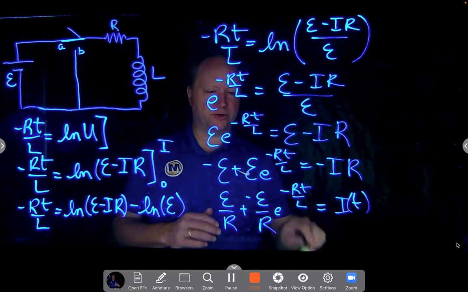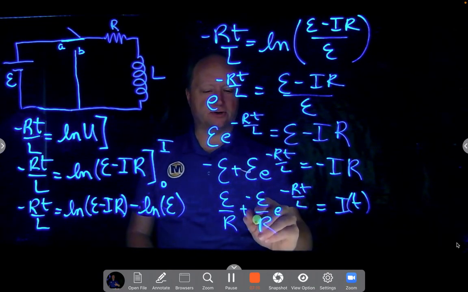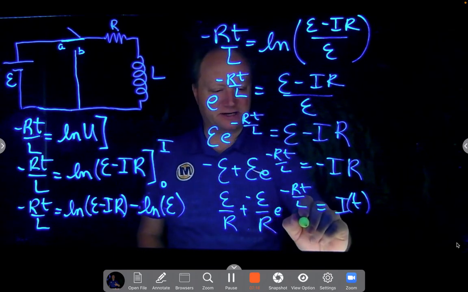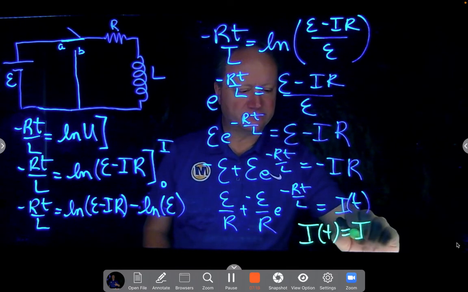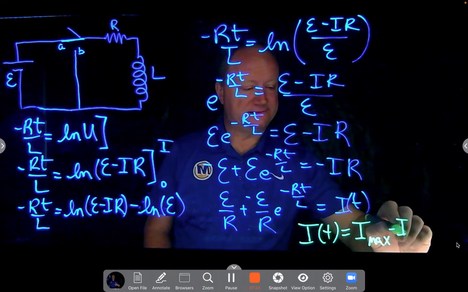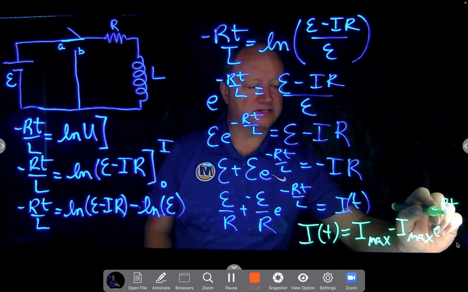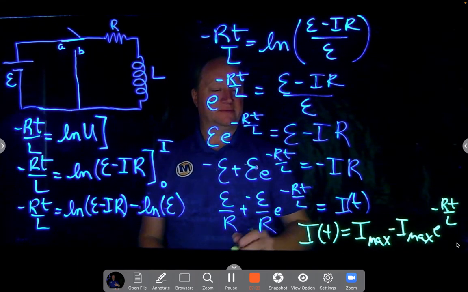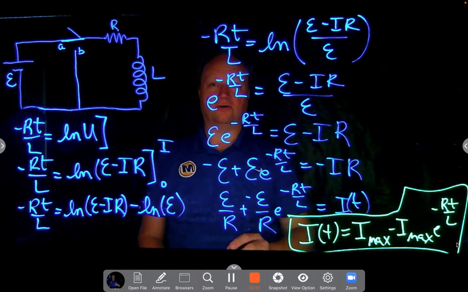Our final equation: EMF over R, or voltage over resistance, that's current. So I'm going to rewrite here, I of t is going to be I max minus I max times e to the negative Rt over L. There's your equation that describes the current buildup as a function of time when you close that switch to A.